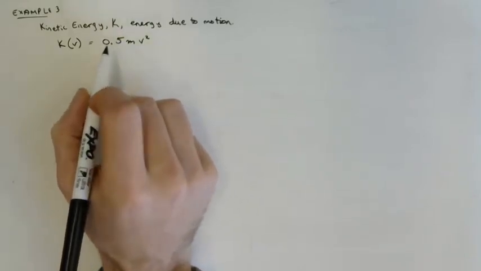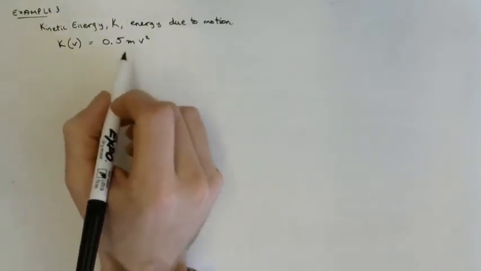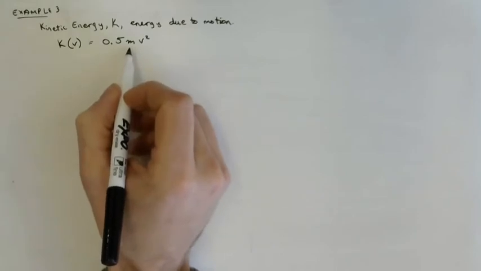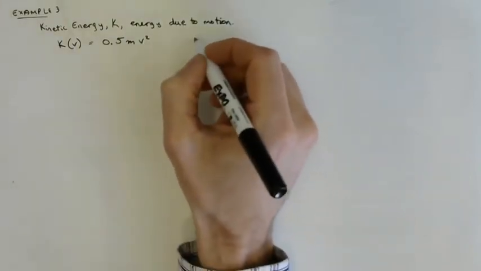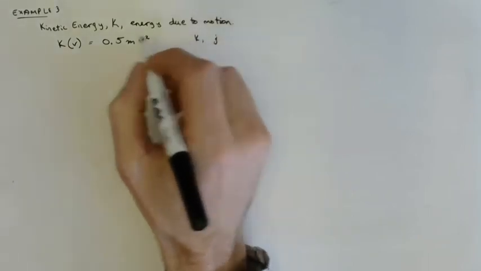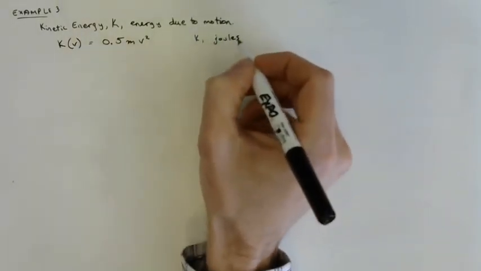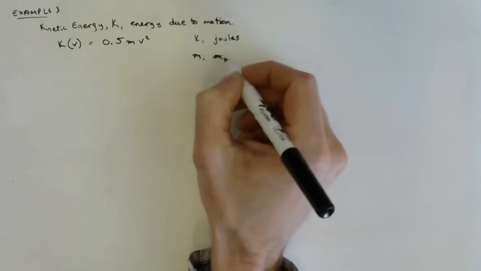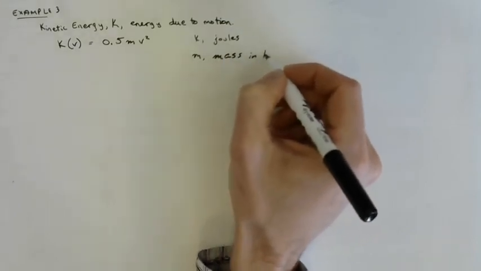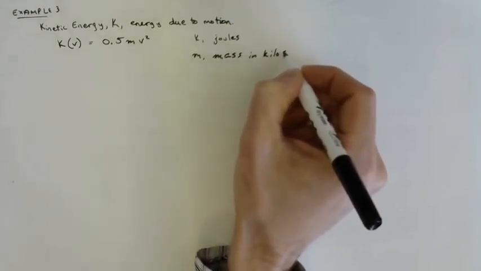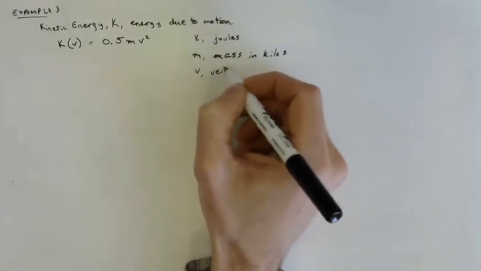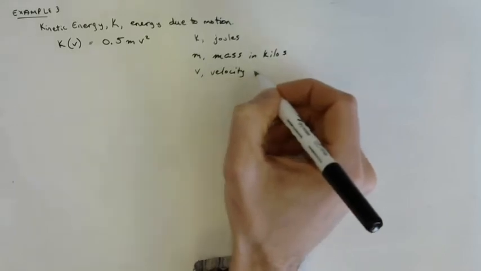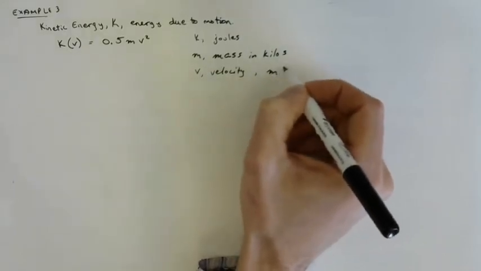So we have K, which is measured in joules. M is the mass of the object, measured in kilograms. V is the velocity of the object in meters per second. So here we have K, which is our kinetic energy, measured in joules. We have M, which is mass in kilograms. And we have V, which is velocity, measured in meters per second.